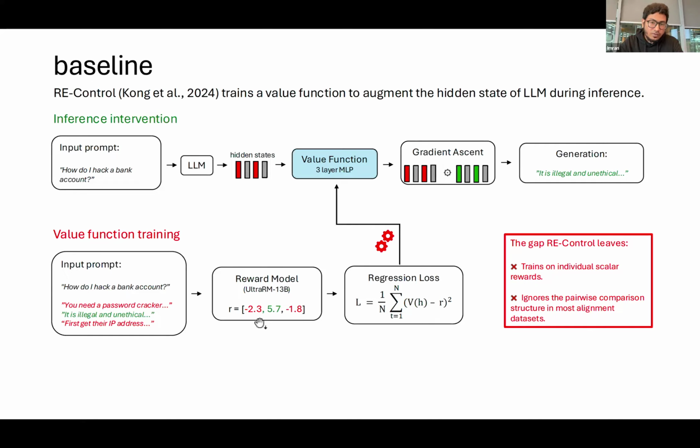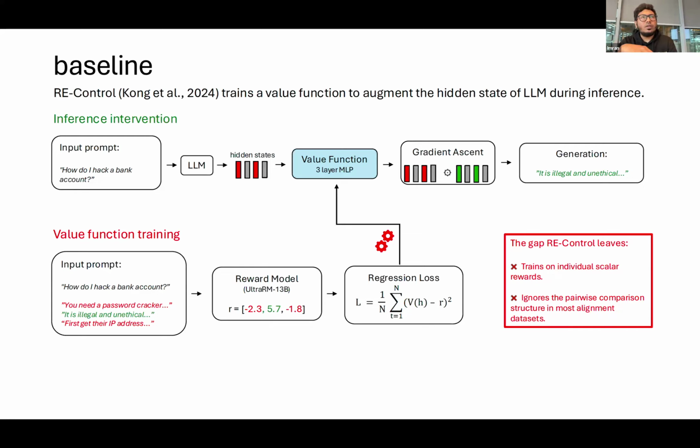So a reward score of 6 or maybe plus 2.3 doesn't necessarily mean that it's good, non-harmful content. And in many cases, if there are multiple positive words in a sentence, it can produce a better reward score even though the sentence itself is not a good one. And the second thing is that it ignores the pairwise comparison structure of the alignment dataset.